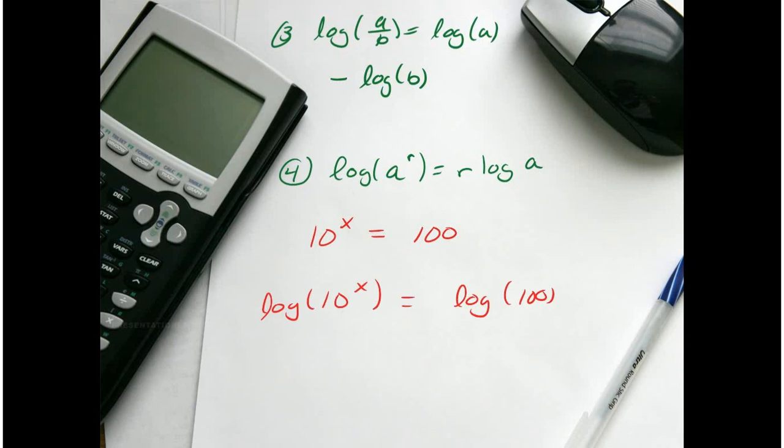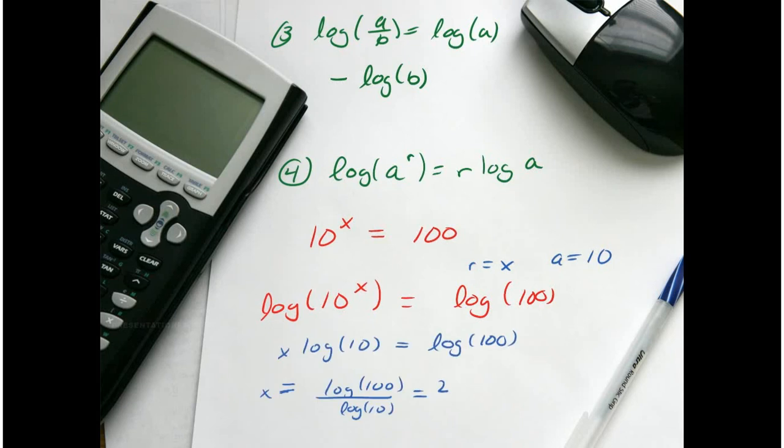What that tells me is if I log both sides, then in this case r is x and a is 10, and I can apply this law to bring the x to the front, and then divide both sides by log 10. On a calculator, you can usually punch this out. It turns out that log base 10 of 10 is 1, and log of 100 is 2, so you get 2.